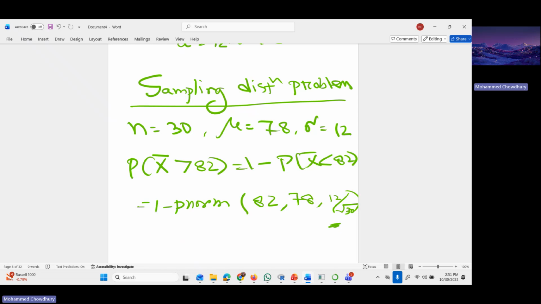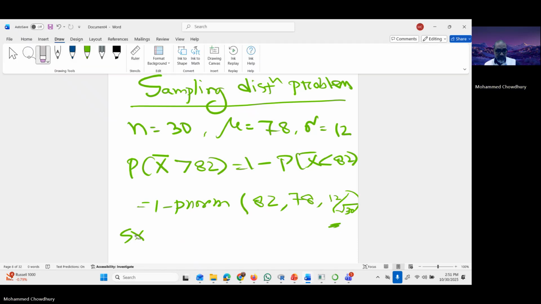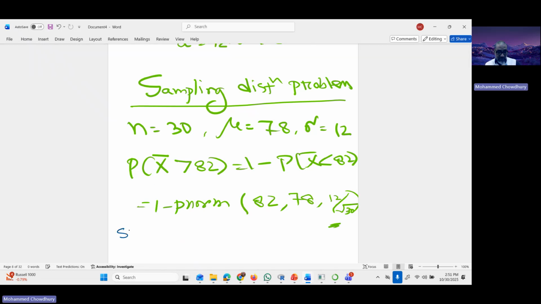Let me write it here so that you will not forget. Standard deviation of x equals sigma, and standard deviation of x bar equals sigma over square root of n.